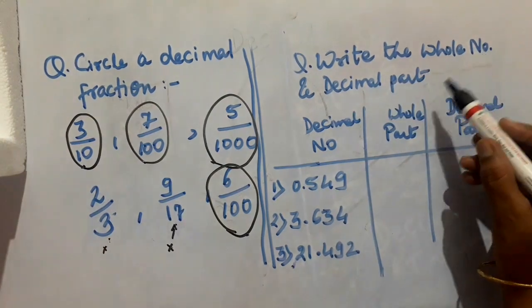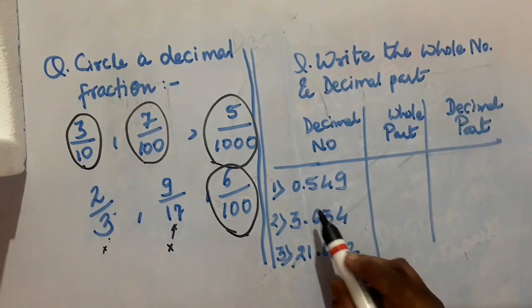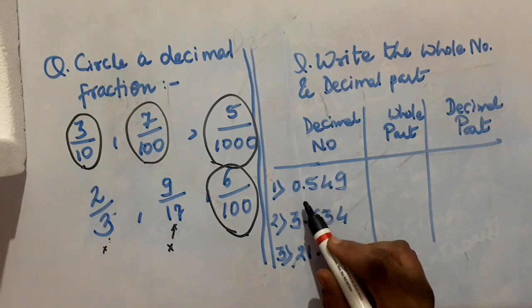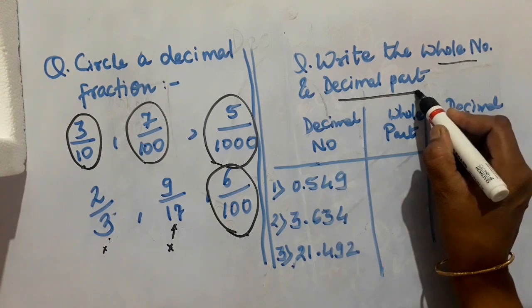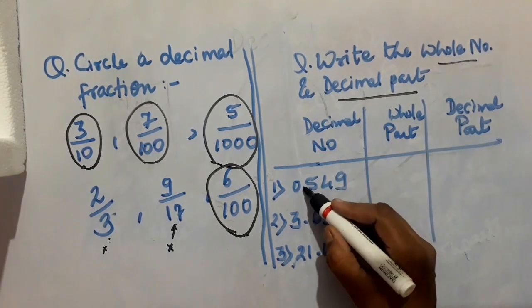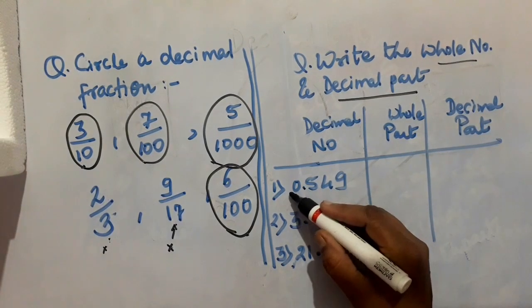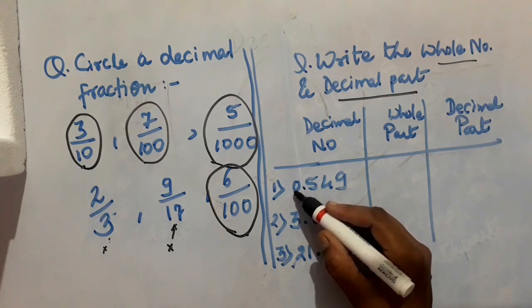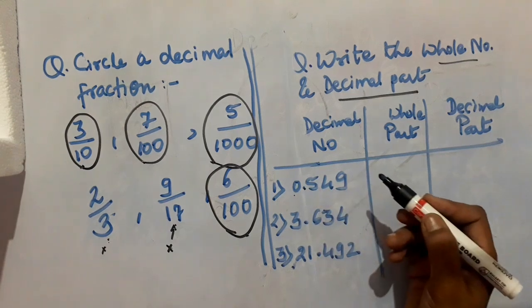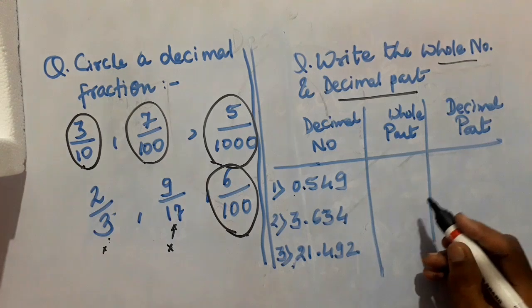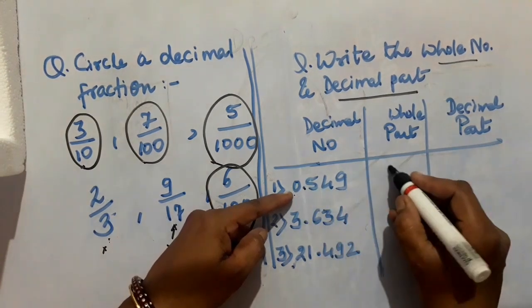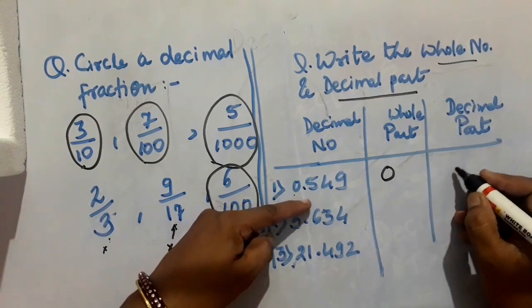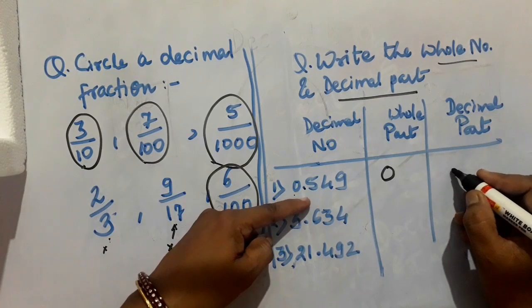Write the whole number and a decimal part. See the question given here. As I said, the whole part and the decimal part get separated by the decimal point. So the number before the decimal point is your whole part, and after the decimal point, that is the fractional part. But how to write it? The whole part before the decimal point is 0. After the decimal point, don't write only 549.